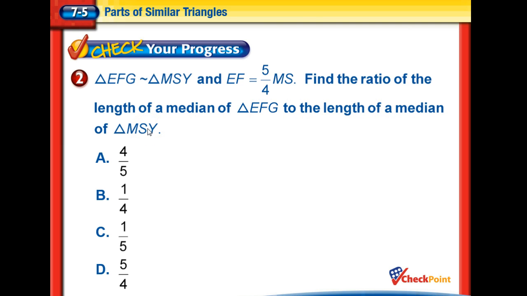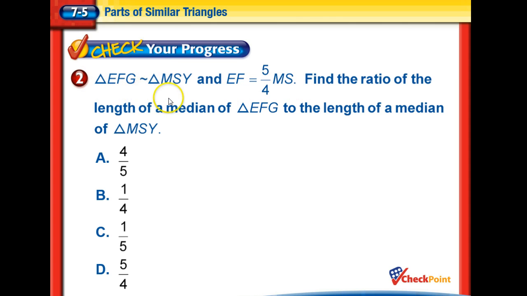So keep in mind that the two triangles are similar, and corresponding parts, or parts that match up in similar triangles, are proportional. So this one, there's really not a lot of math work to do. So probably what you should write down is just this very first part.